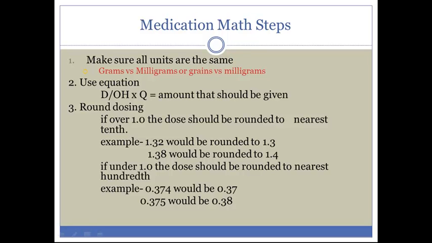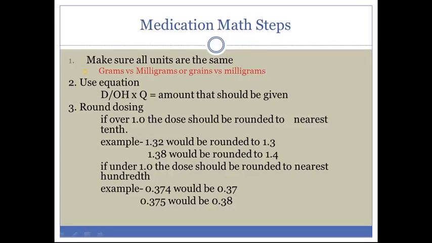If we had 1.38, we would round up to 1.4. So if it is 1.35 or higher, we are going to round up. If it is below 1.5, we are going to round down. Okay?